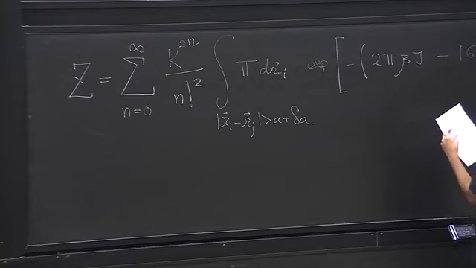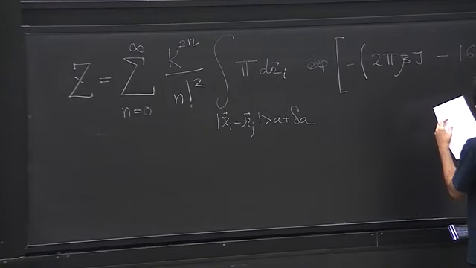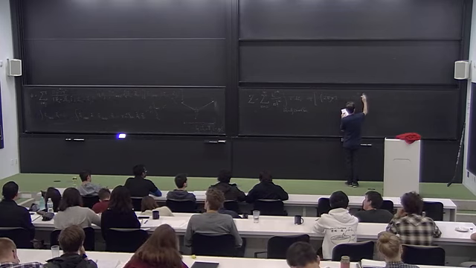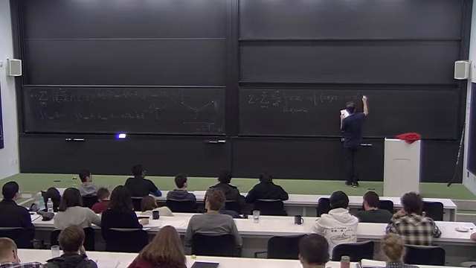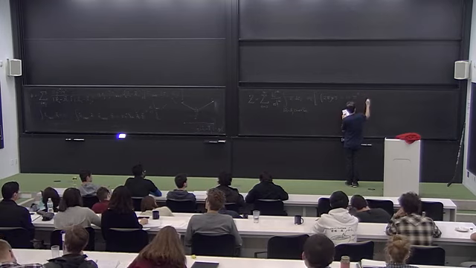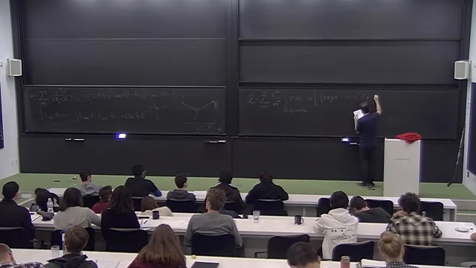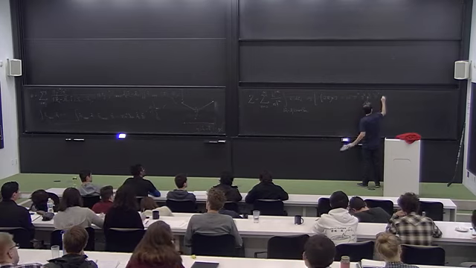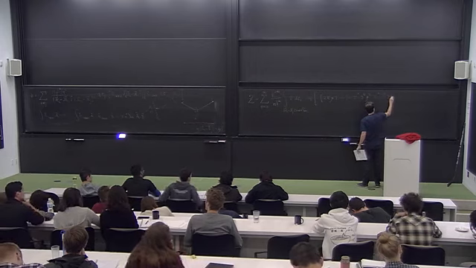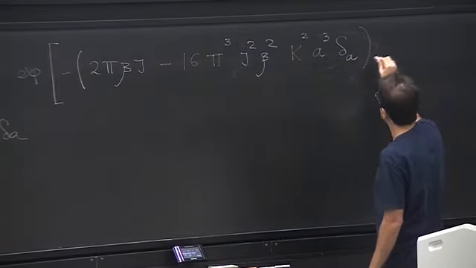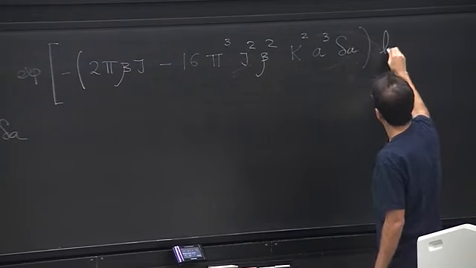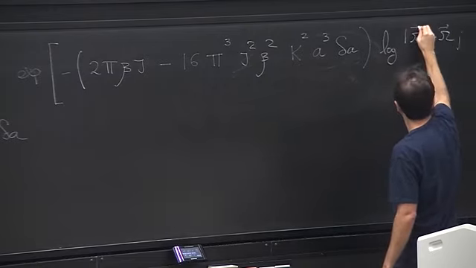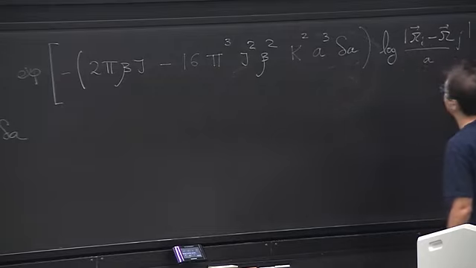It's just an overall factor of 2 later. 16 pi cube beta square, or let's write like this, j square beta square k square a cube delta a times log of Ri minus Rj over a.